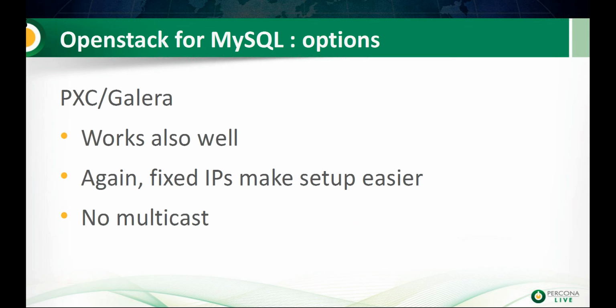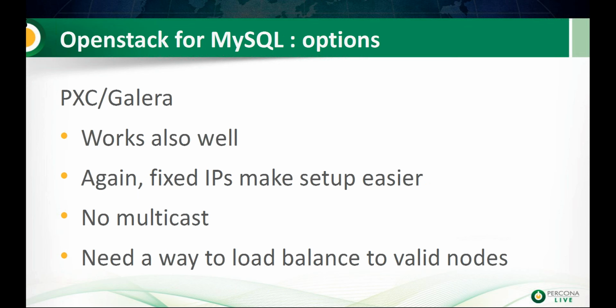Although maybe I missed something, I don't think multicast works from what I've seen. So if you were planning to use multicast to save bandwidth, that's probably not a very good solution. It won't work. You have to do regular point-to-point communication. So that would be easier.